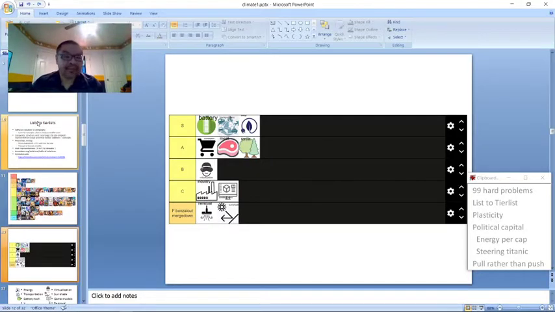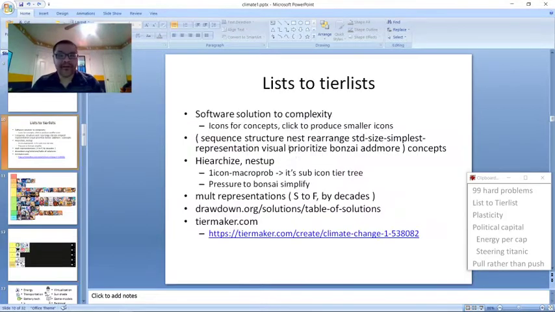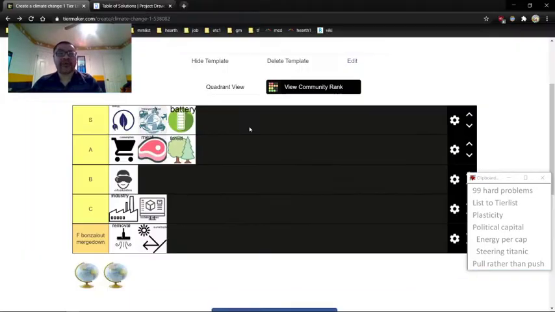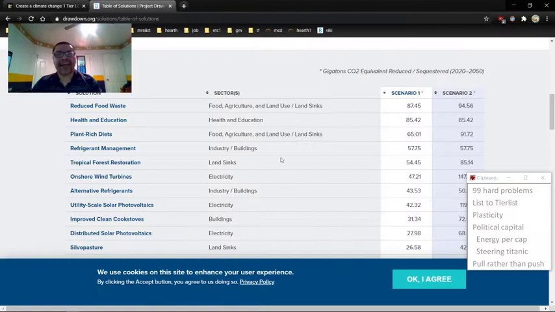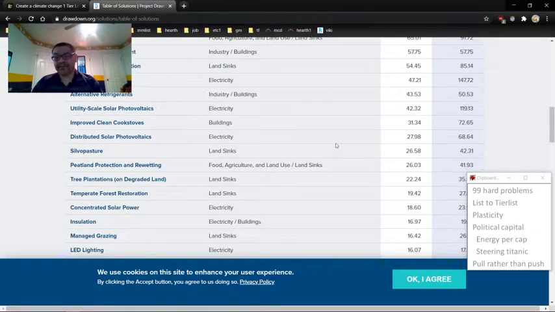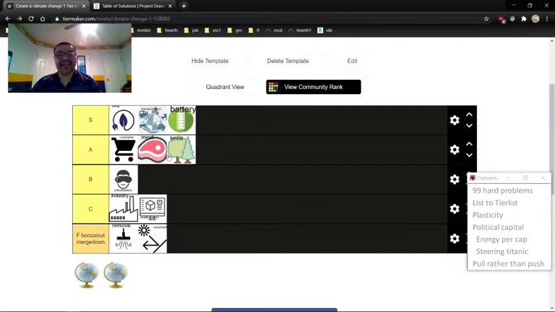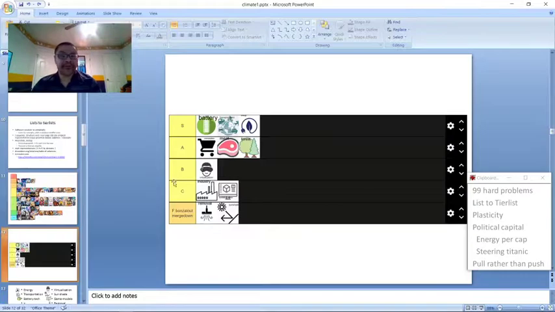There are many benefits to this software representation. You can sequence the importance. Instead of having a list that's perhaps 50 items long, you can simplify and have a list that's shorter.